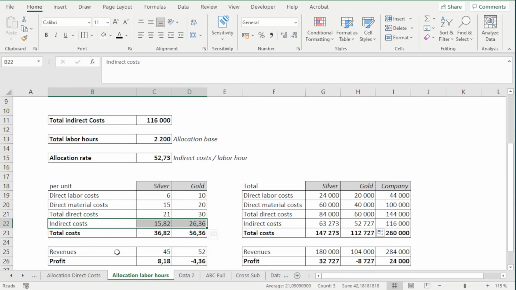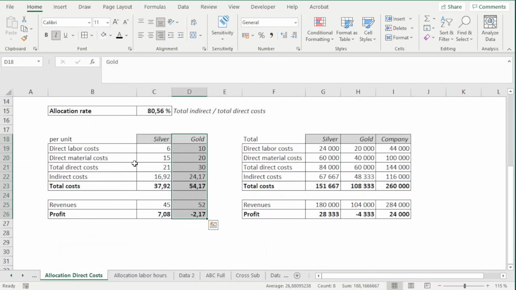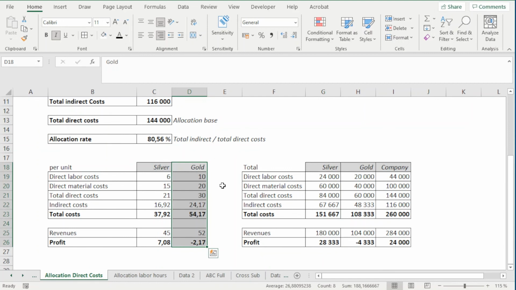So basically, what is a better representation of the cause-effect relationship between resource use and these two products? Is it total labor hours? So this means, is the driver of the indirect costs rather total labor hours, or will indirect costs, like in the first approach, rather vary proportionally with the total direct costs?